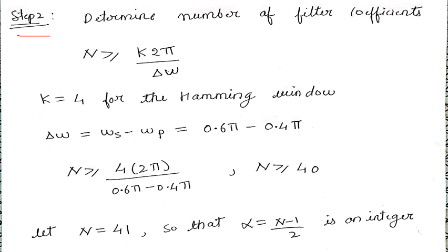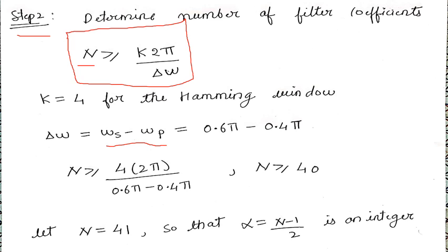Step 2 is to determine the number of filter coefficients N. The formula to determine number of filter coefficients is as displayed on your screen. The value of k equals 4 for Hamming window. Delta omega can be computed as difference of omega s and omega p.